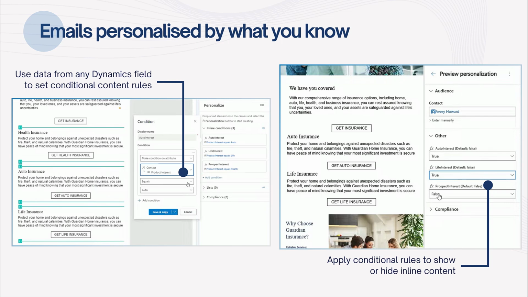This email template changes content by checking the Product of Interest field on the contact table to display or hide sections about specific insurance services based on a contact's preferences, which are stored in Dynamics. It's an example of using what you know about somebody to make your messages more relevant.